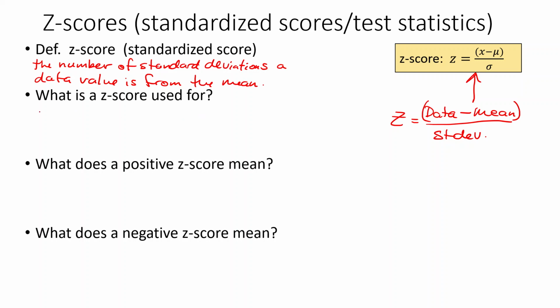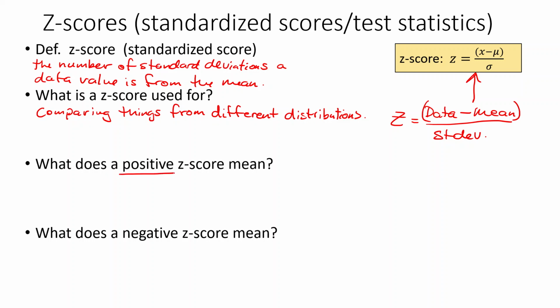Well, oftentimes it's used for comparing things from different distributions, which is what we just did. You can use it for a lot of other things too, but what we just used it for was comparing things from different distributions.